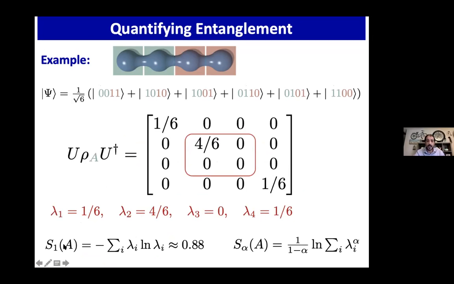And of course, calculating the von Neumann entanglement entropy, applying this formula, which was the trace of rho A log rho A, we just plug in the eigenvalues of the density matrix, and we get the total entanglement in that system. Of course, we can do the same for the Rényi entropy, where we use the eigenvalues that give us a simpler picture that will be useful later in deriving some of the important results. So this is the total entanglement.